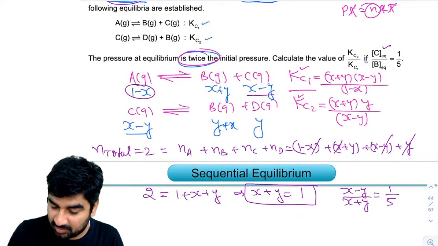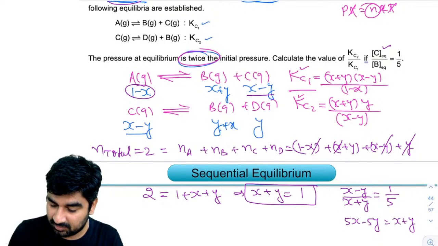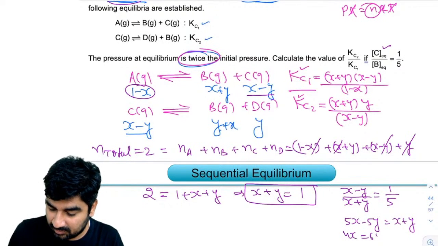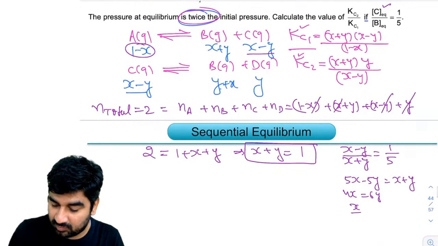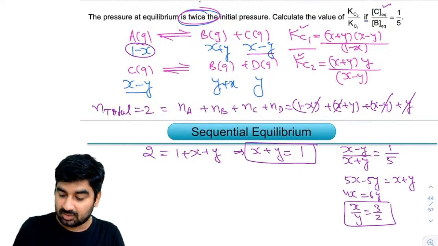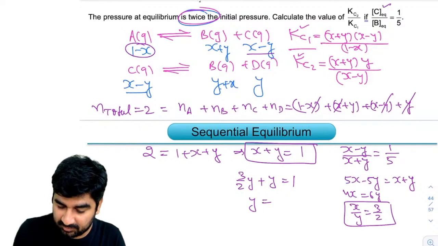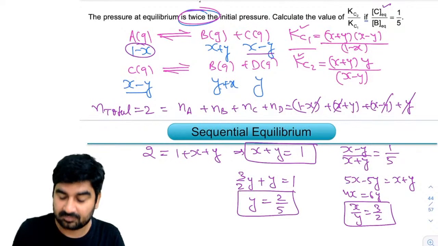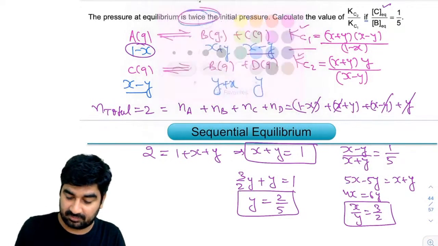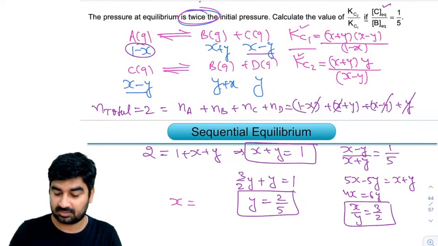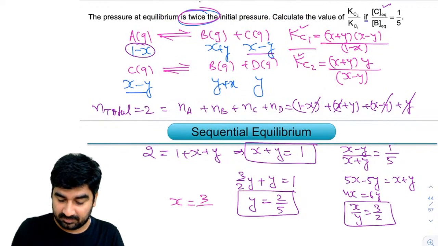From here you can solve: 5x minus 5y equals x plus y, so 4x equals 6y. So x over y will be equal to 3 by 2. So y will be 2 by 5 and x will be 3 by 5.